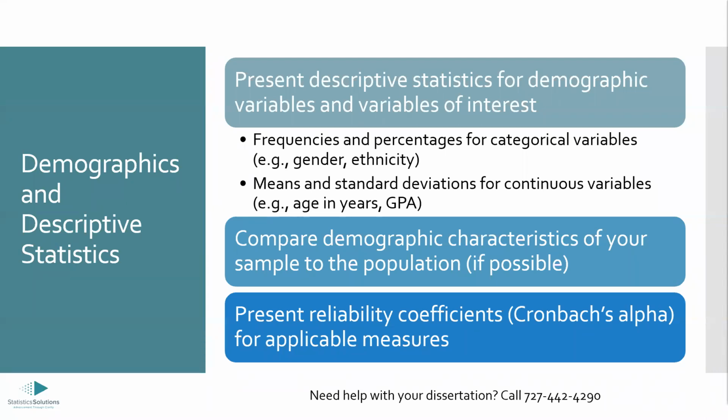So if you do have population statistics, for instance, for things like breakdowns of gender or ethnicity in the population, you want to compare the breakdowns of gender and ethnicity in your sample to those numbers to give the reader an idea of how close your sample was to those numbers. So did you get roughly the same proportion of men and women in your sample as there are in the population, or was it different?